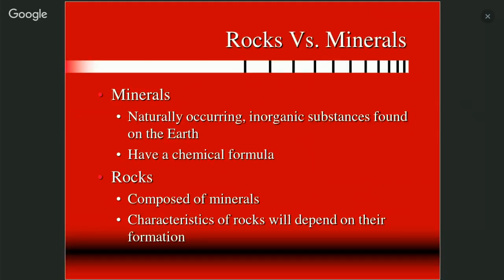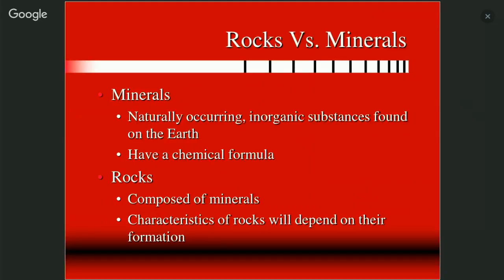Mineraloids are basically the same thing, except they do not have a set structure, whereas the minerals do. And then rocks are structures that are composed of minerals and other sometimes pieces of dirt or animal remains or plant remains or something like that.